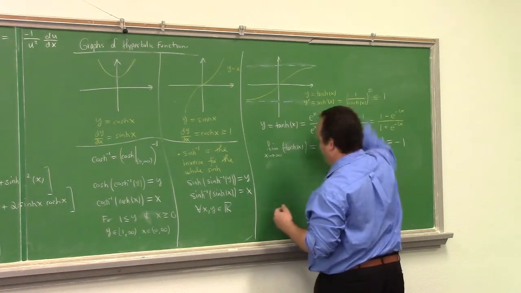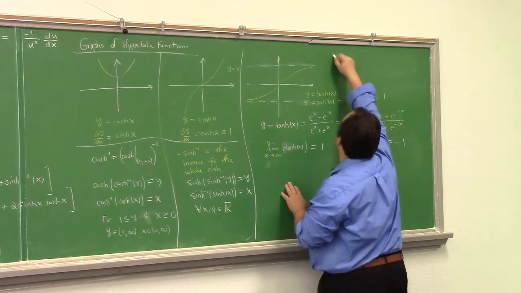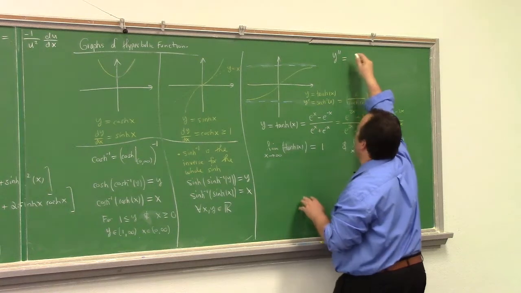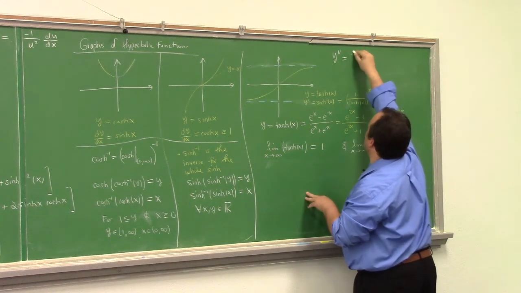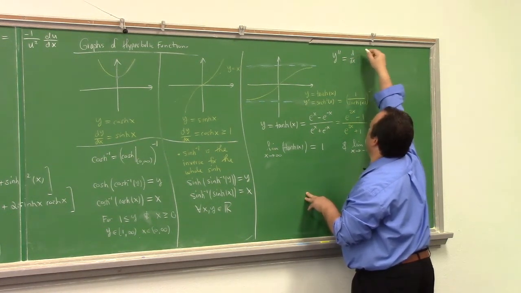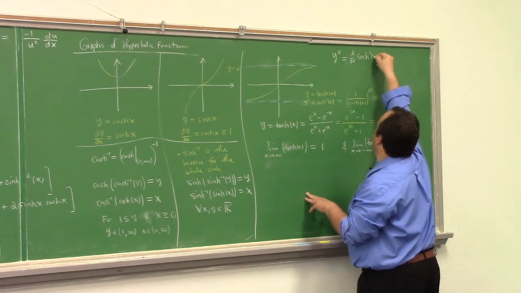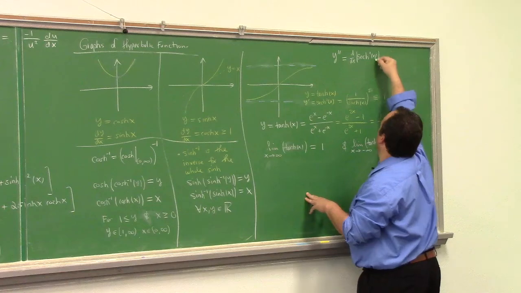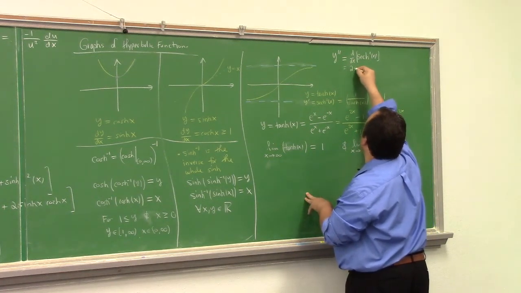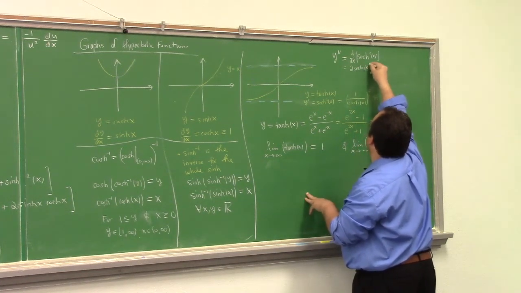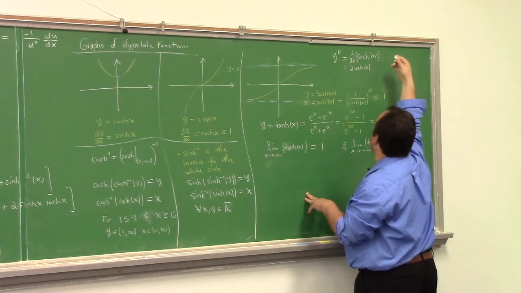I'll do it up here because I'm out of space down there. That's kind of a pain, isn't it? I'm not sure about this one. What's the derivative of hyperbolic secant squared? It's 2 hyperbolic secant of x times the derivative of hyperbolic secant. What is the derivative of hyperbolic secant?